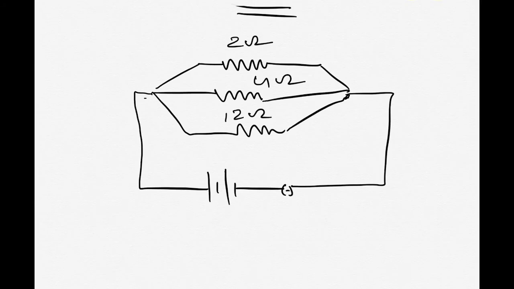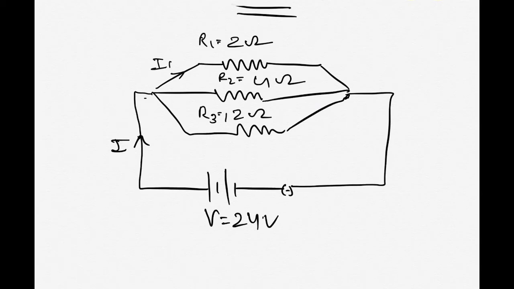The voltage of this energy source is 24 volts, and when you connect it, the current I will flow through. Consider these as R1, R2 and R3, and let's consider current I1 flows through the first, I2 through the second, and I3 through the third.